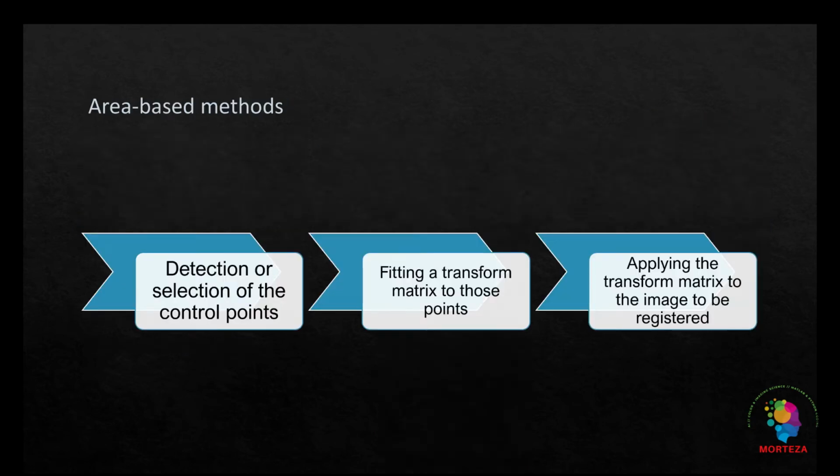In the case of the area-based method, usually control points are first detected or selected by the user, and then they are used to form a matrix transform between the images to be registered.